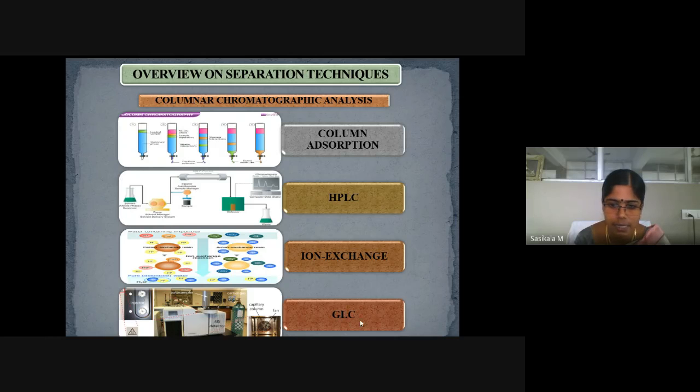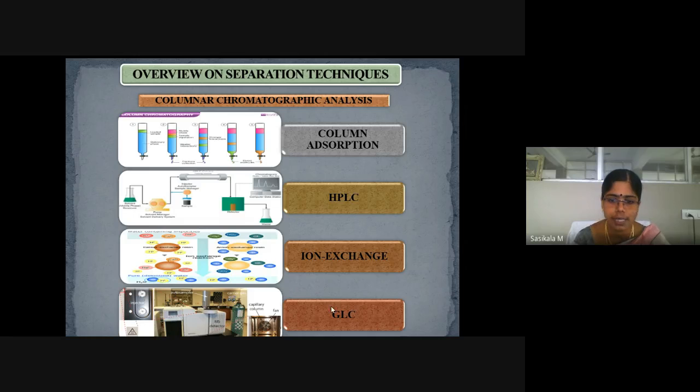Then GLC, gas liquid chromatography. Gaseous samples are separated by using gas liquid chromatography. So these are the different types of column chromatography that you are going to learn according to your syllabus: column adsorption, HPLC, ion exchange, and GLC. Ion exchange is a modified form of HPLC. In the column itself, we can use an ion exchange column for separating the molecules.